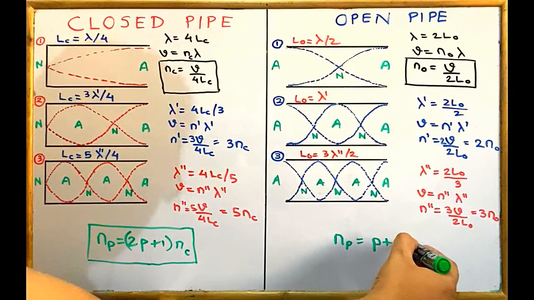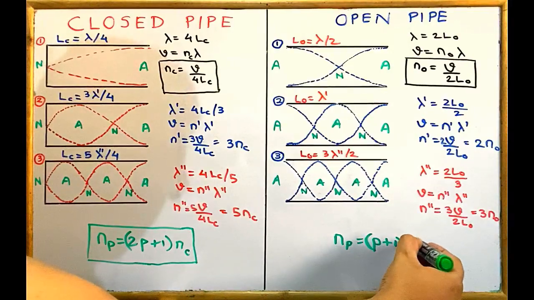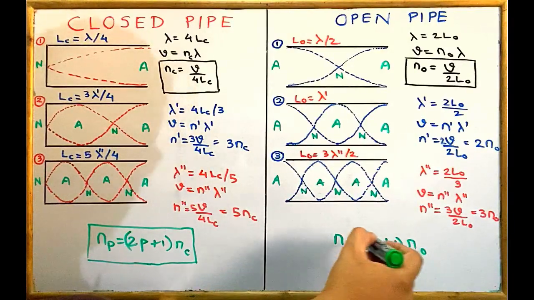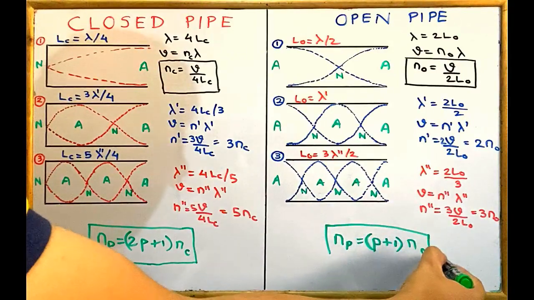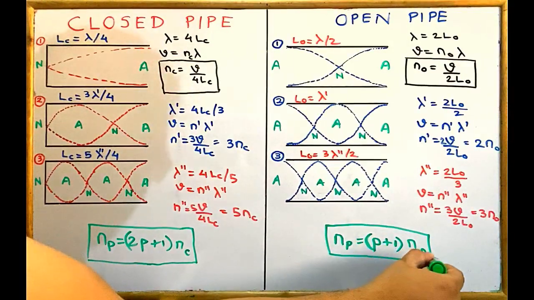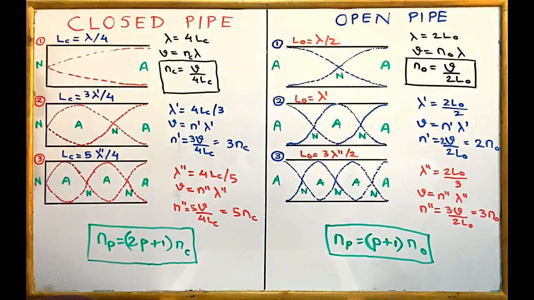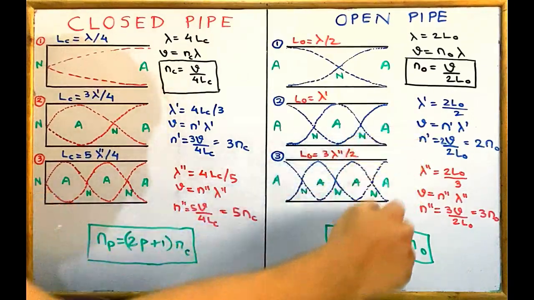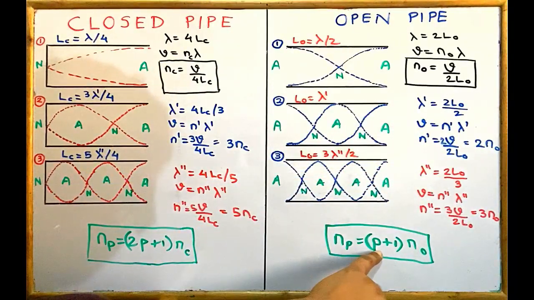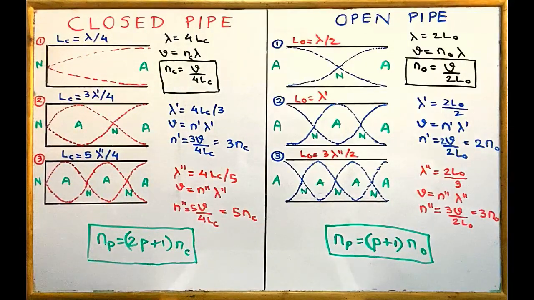So it's going to be P plus 1 NO, and again you can verify whether this formula is correct by putting the values of P. If I put P is equal to 1, I'll get the first overtone, 1 plus 1 is 2. If I put P equal to 2, I'll get the second overtone, 2 plus 1 is 3, and so on, right?